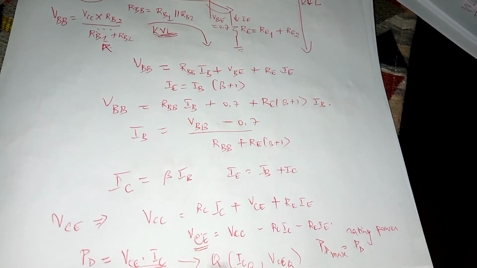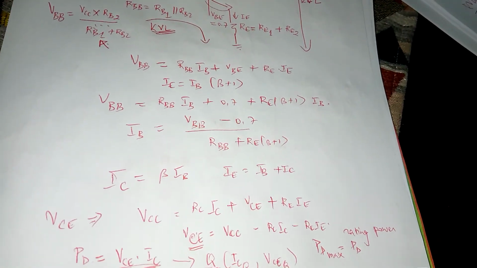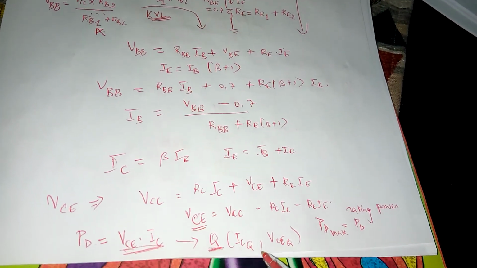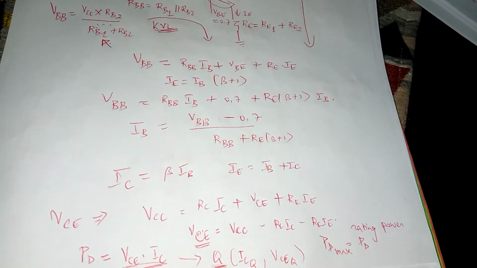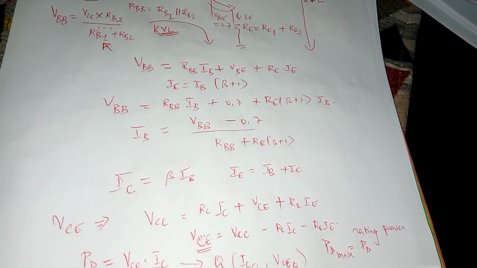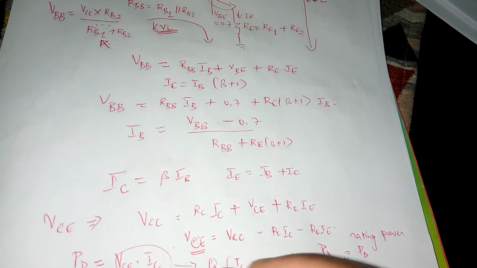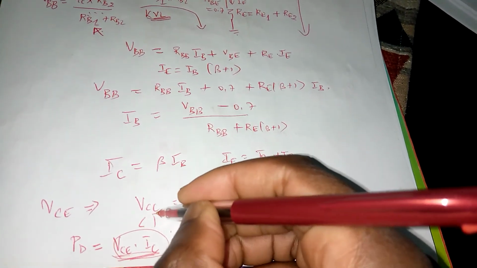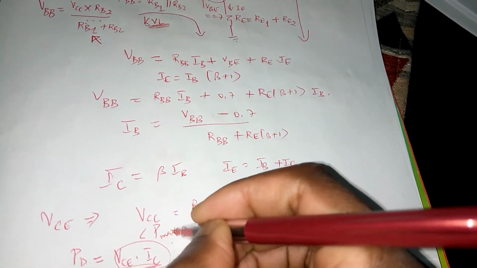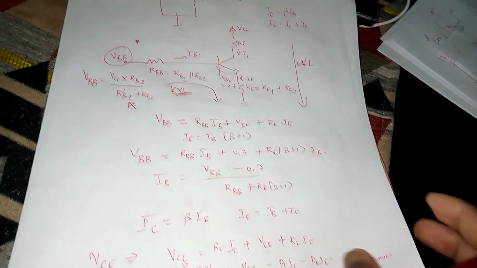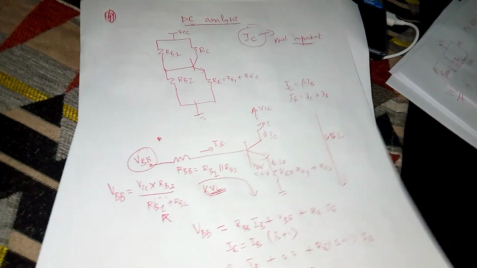And you must always operate the transistor at a point Q, meaning at a certain ICQ and VCEQ, in such a way that PD, which is VCE times IC, is always maintained to be less than the rating or the maximum power. That's very important. But that will conclude the DC analysis basically, and one can safely move towards AC analysis.